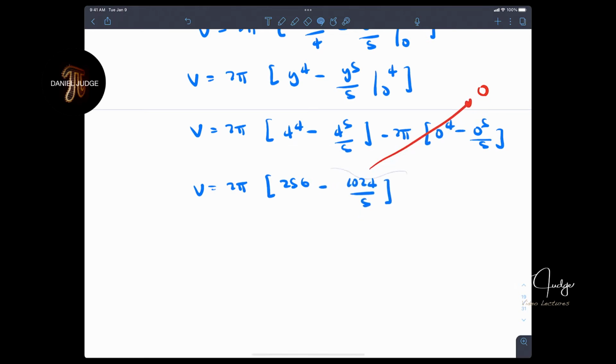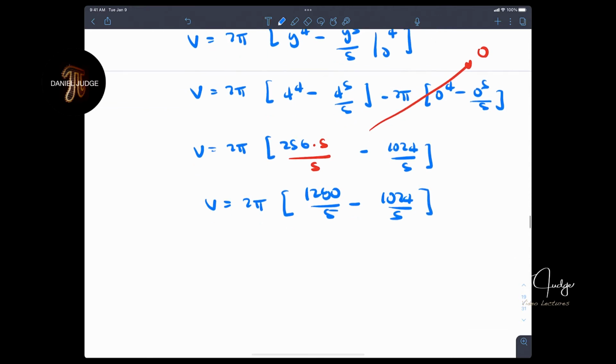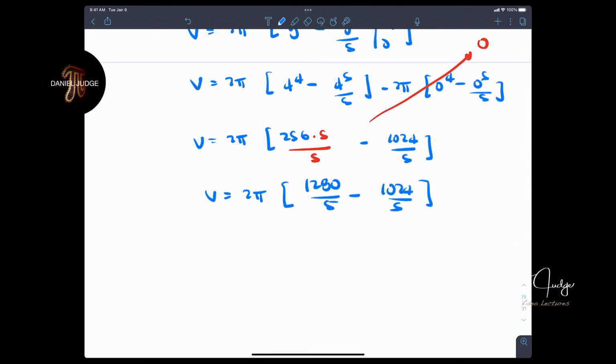Okay, let's kind of find this. So let's do some arithmetic. 1280 minus 1024. 256 over 5, maybe.